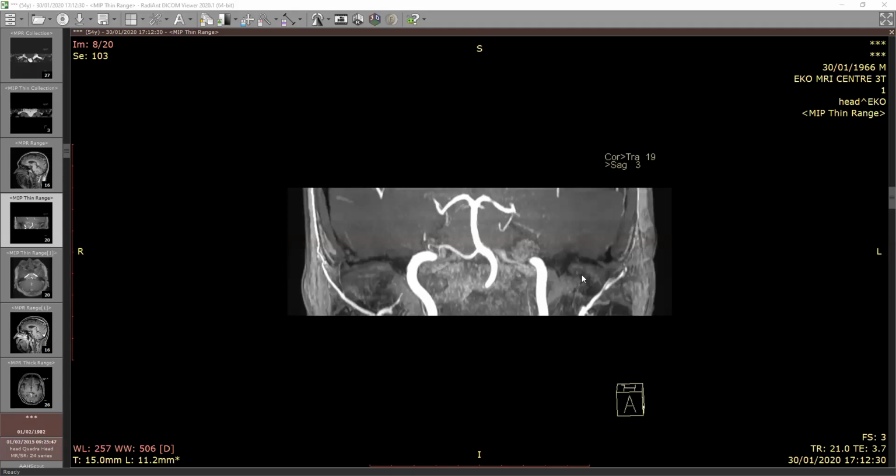While doing DWI imaging, there is something very important called a B value. The B value depends upon the strength of the magnetic field applied, the duration for which it is applied, and the thickness of the slices.